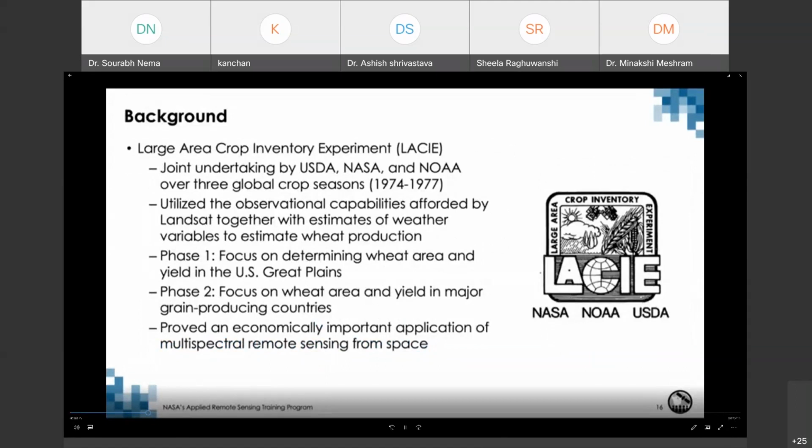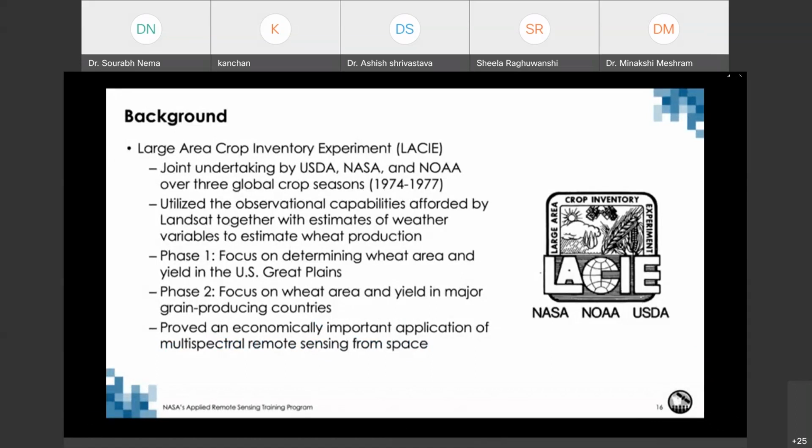With the advent of space-based agricultural monitoring, a joint undertaking was carried out by the USDA, NASA, and the National Oceanic and Atmospheric Administration.